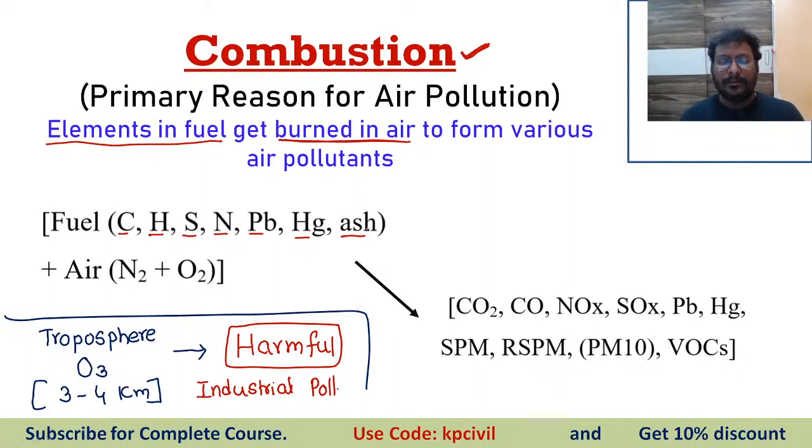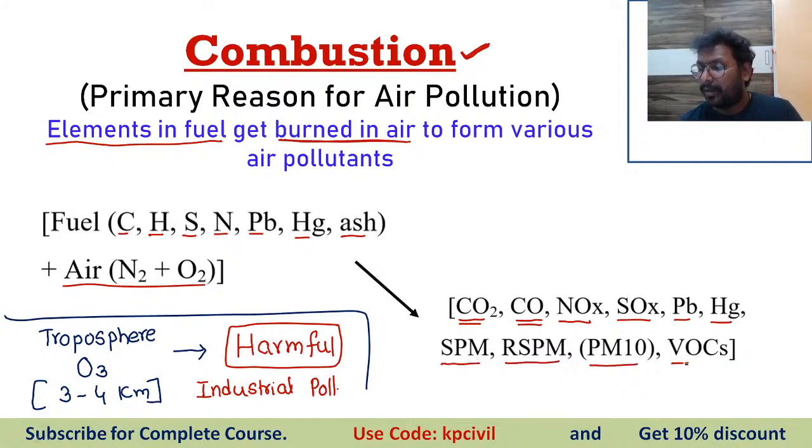Fuel from some sources is mixed with atmospheric air containing nitrogen and oxygen, and burnt. Burning of that fuel combined with air releases carbon dioxide, carbon monoxide, nitrogen oxides, sulfur oxides, lead, mercury, suspended particulate matter, RSPM, PM10, VOCs, volatile organic chemicals.